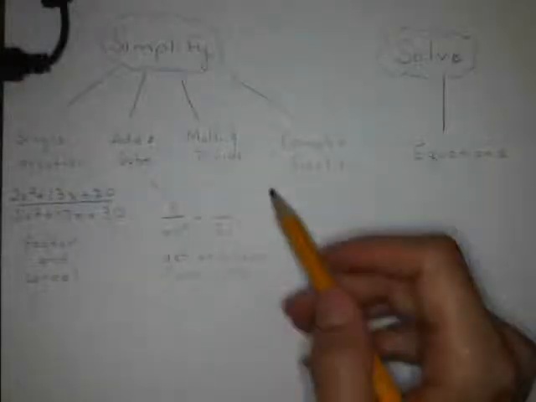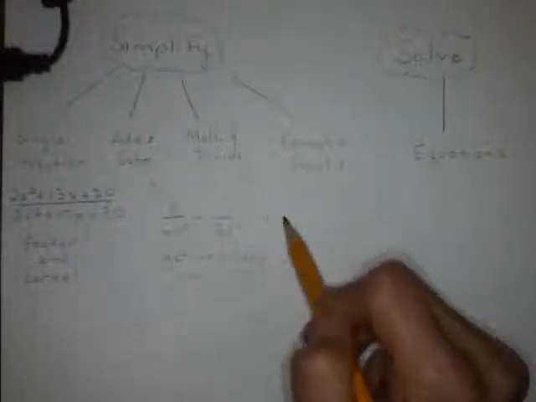The next process that comes up is multiplying and dividing. An example of multiplying and dividing with rational expressions would be a squared minus 4 over a squared minus 1, and notice that in itself is division, times a plus 1 over a plus 2.